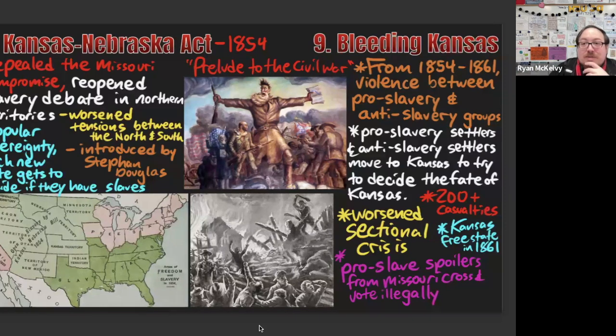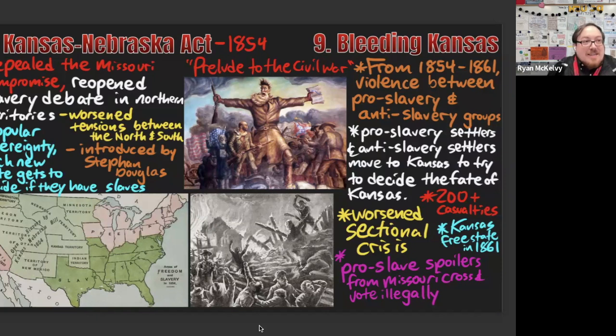This is what's typically referred to as the prelude to the Civil War, also known as Bleeding Kansas. From basically the moment this act is passed, you have an influx of people moving into Kansas to try to create a state government and apply for statehood, while at the same time trying to outnumber the other side.